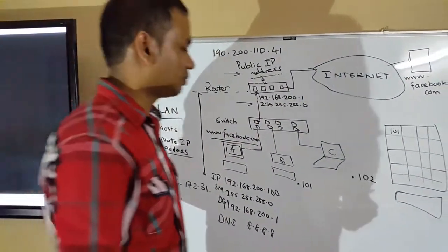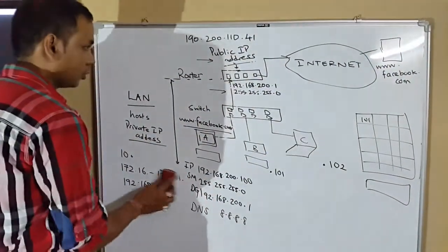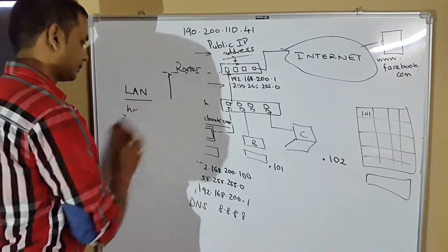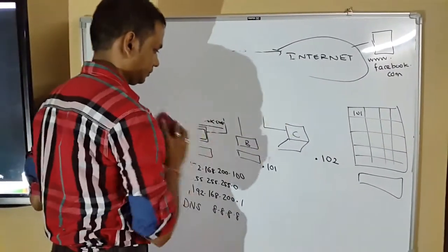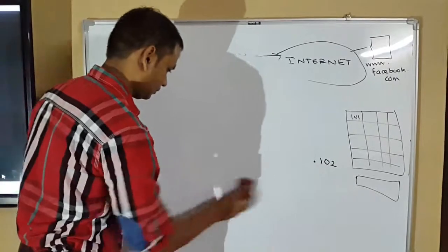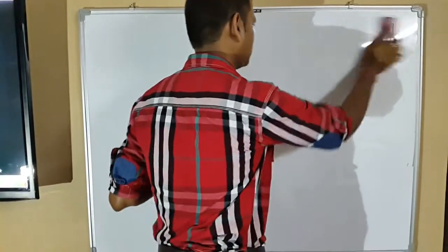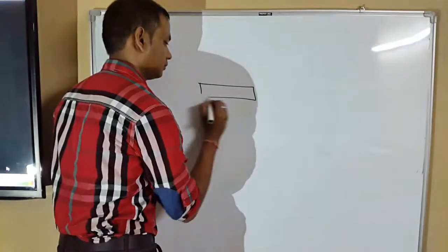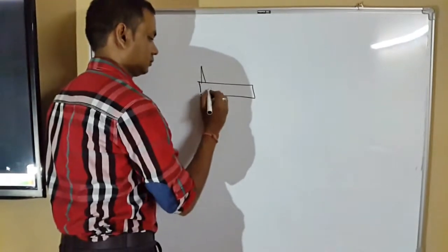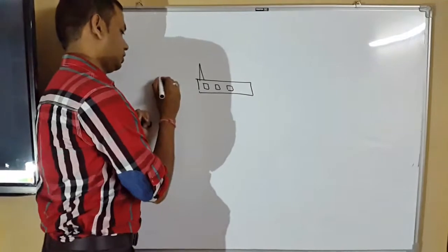Now I'm going to explain to you in more detail how the communication process goes. You have your router here. Your router has ports. This is your router.